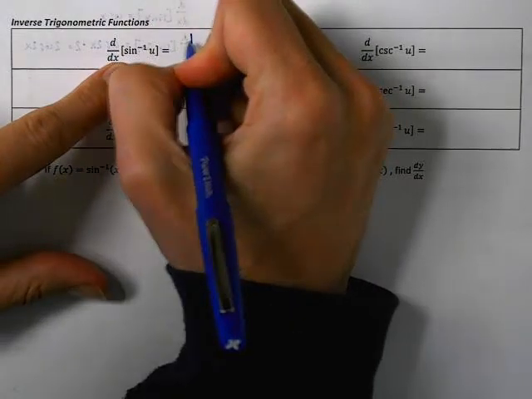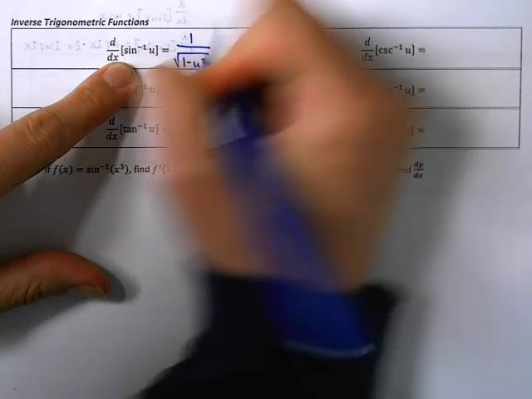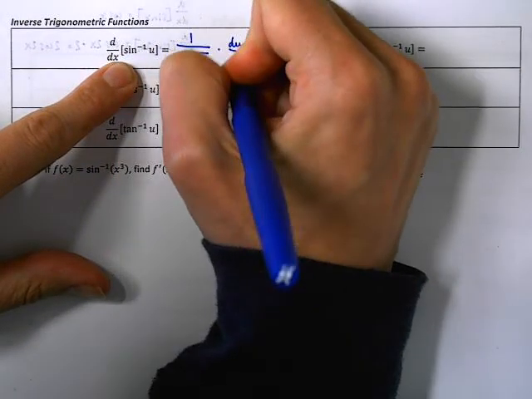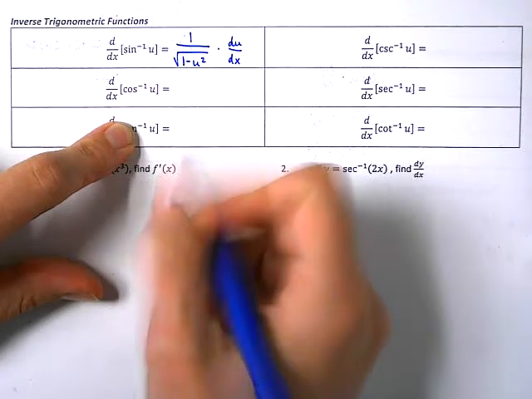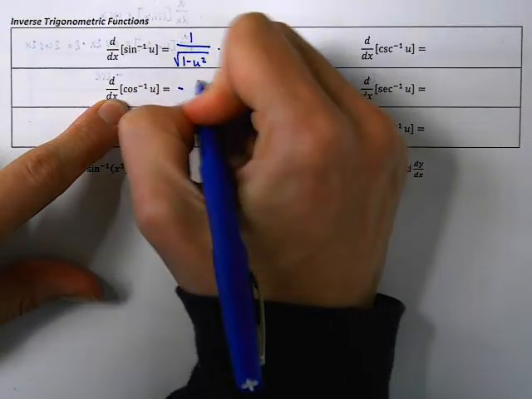It's going to be 1 over the square root of 1 minus u squared times du dx. Now, the nice thing is the inverse cosine is just going to be the opposite of that.